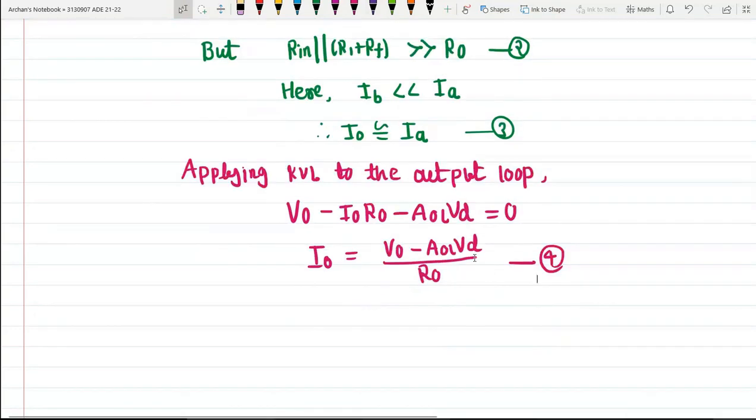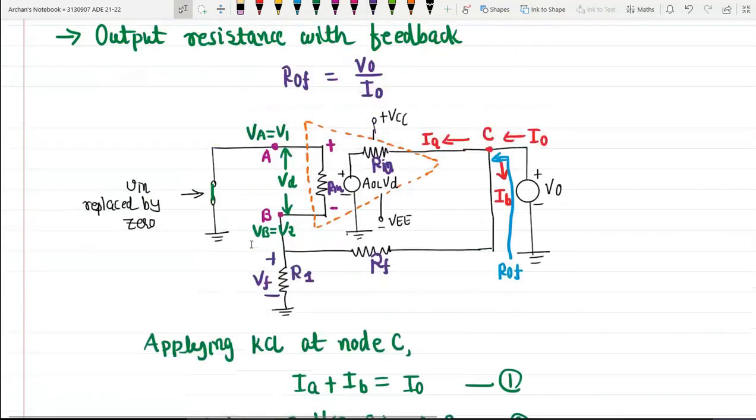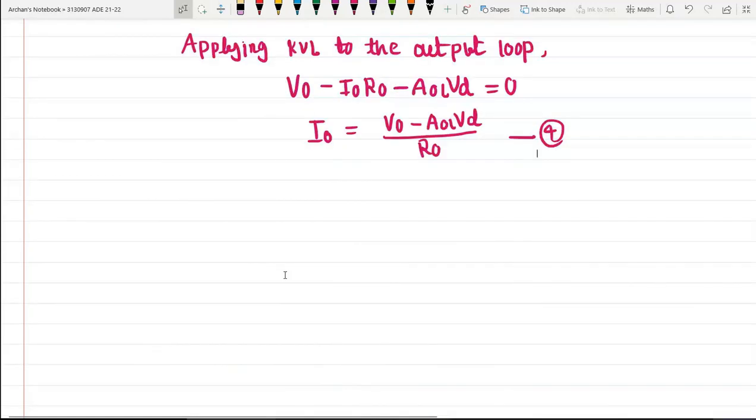If we come back over here, you can see the drop across the resistance R1 is Vf. So that Vf will appear at this terminal V2, right? At V2 we have Vb and that is equal to Vf. We are talking about the equation of Vd, right?